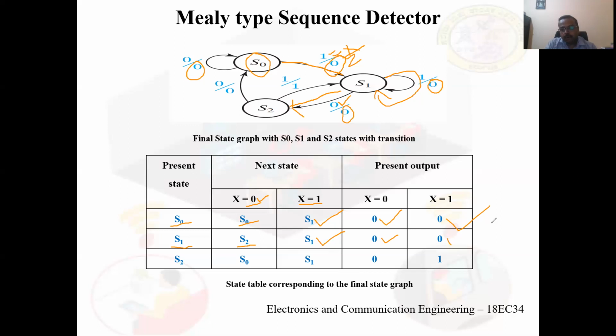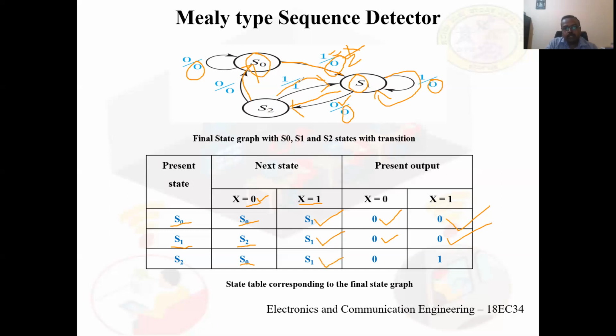is 0. Similarly, for S2, when the present state is S2 and the input received is 0, it will go from S2 to the S0 state, so the next state will be S0 when x is 0. Similarly, when the received input is 1 in the present state S2, it will go to the state S1.